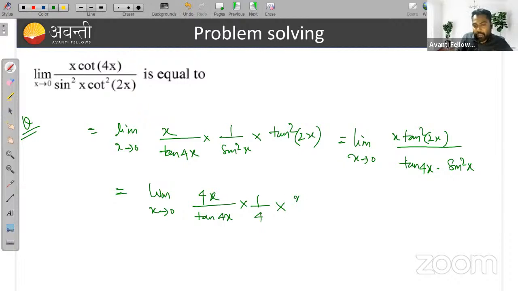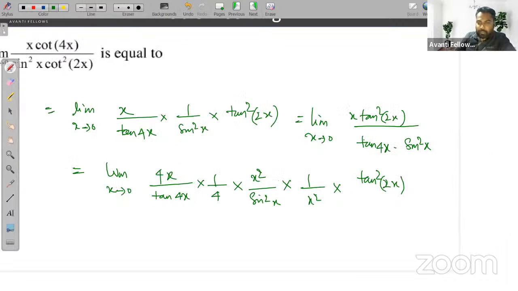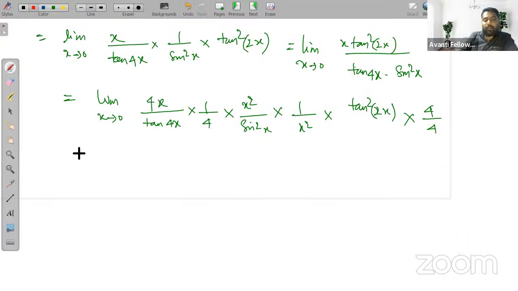Here I'm multiplying x square and dividing also by x square. So what did I get? 1 upon x square into tan square of 2x, right? To simplify this again, tan square of 2x, if we multiply by 4 and divide by 4, I have simplified it, I am writing it now.